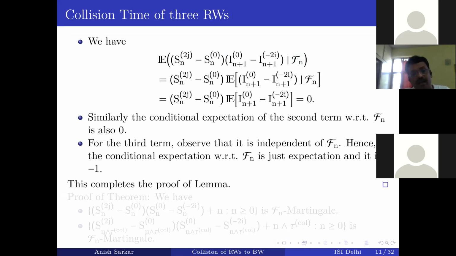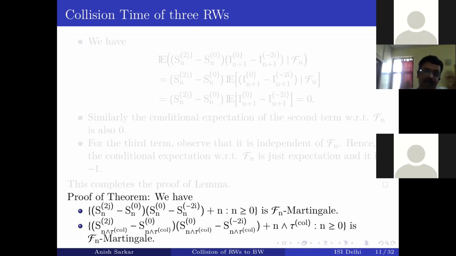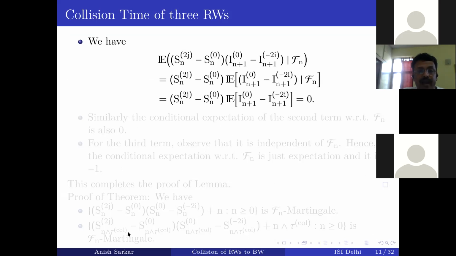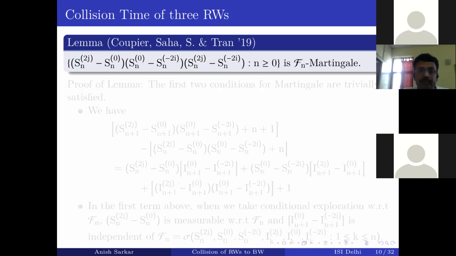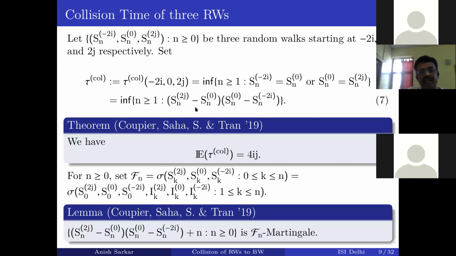So now I come to the proof of the theorem. I have just shown in this lemma that this is a martingale. So I use the stopping time tau collision. The tau collision is the definition. Let me go back again.